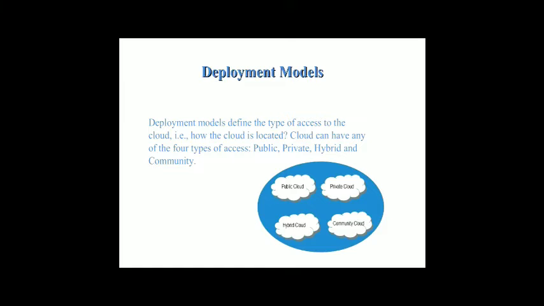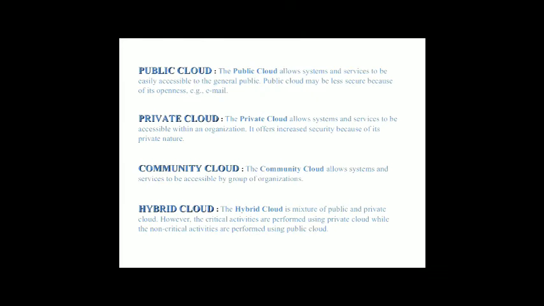These are the four basic types of cloud. The deployment model defines the type of access to the cloud, that is, how the cloud is located. The cloud can be any of the four types we already discussed. Let us see an example of each.